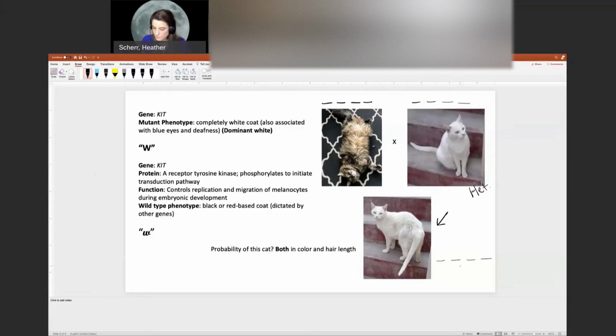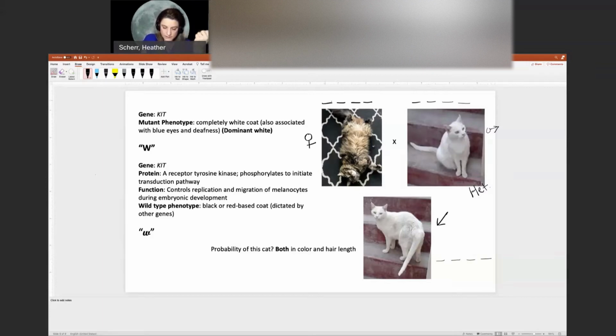Okay, so we have figured out some of the genotypes already. Let's do the whites then, the Ws. So we'll say this is the mom and this is the dad. What do we know about the mom cat as far as the KIT gene goes? She's heterozygous.